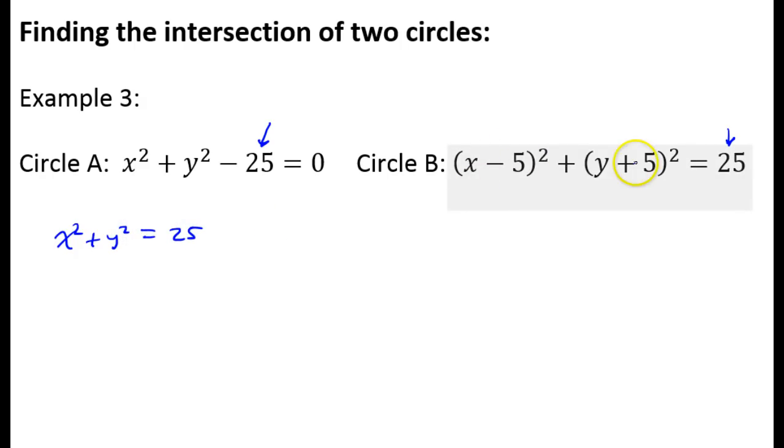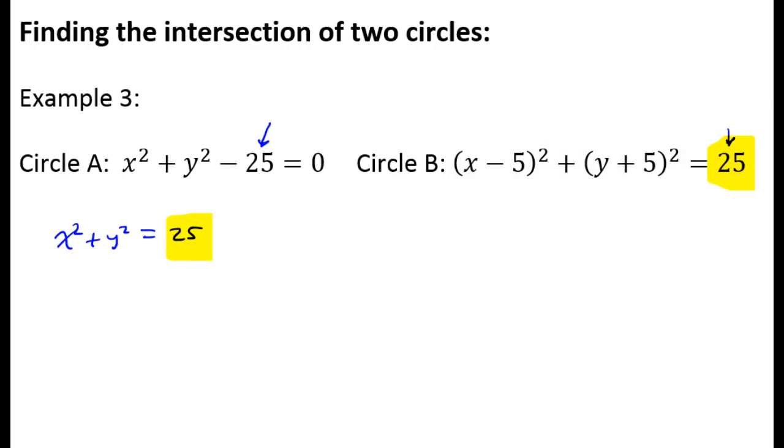Now I have all of this equal to 25. So in other words, both equations equal 25. If this equals 25 and this equals 25, then the circle A expression must equal the circle B expression. So because they both equal 25, they must equal each other.